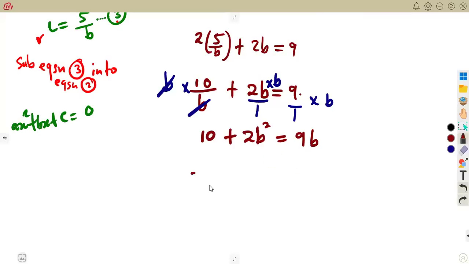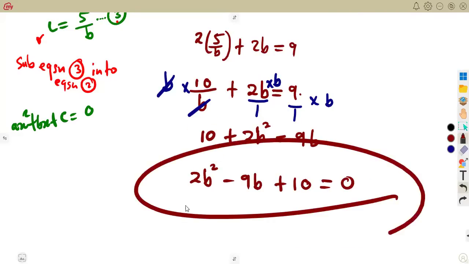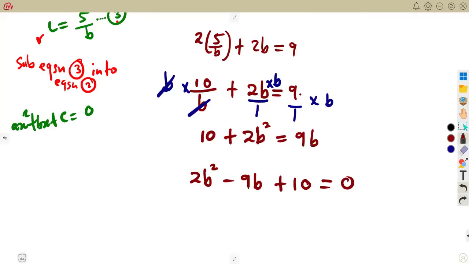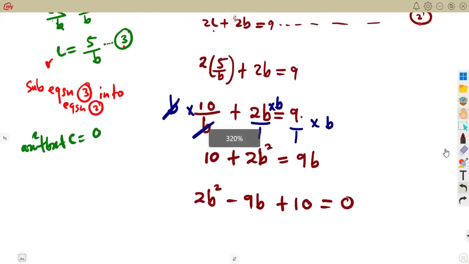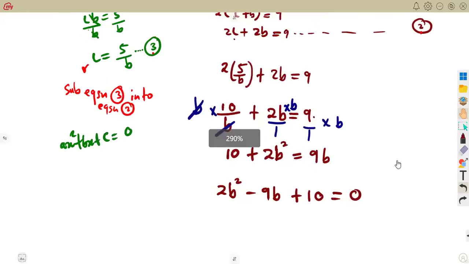So it is going to be 2b squared, the 9b to the other side will be negative 9b, plus the 10 that we are seeing here, is equal to 0. You solve this equation by factorization, or by what, guys? By the quadratic formula. It's in your hands now.